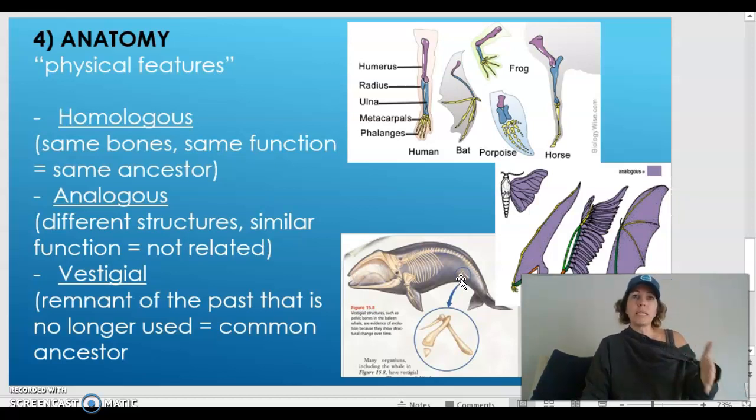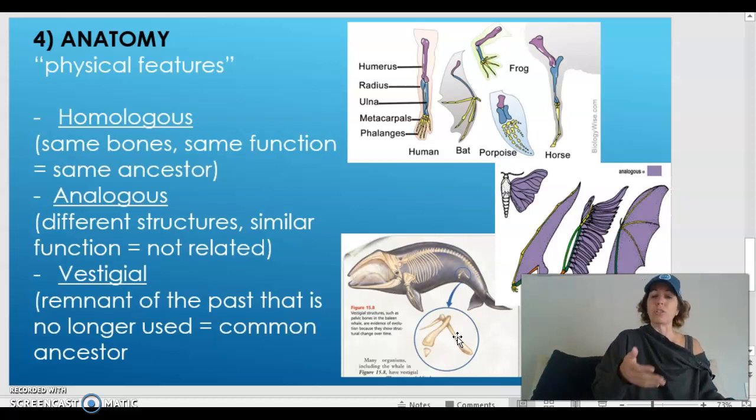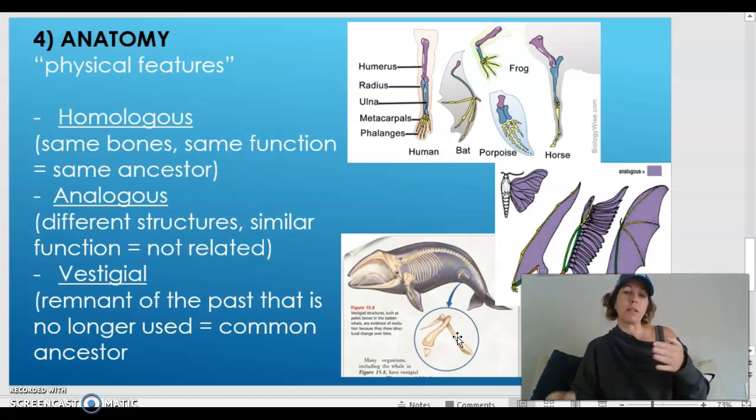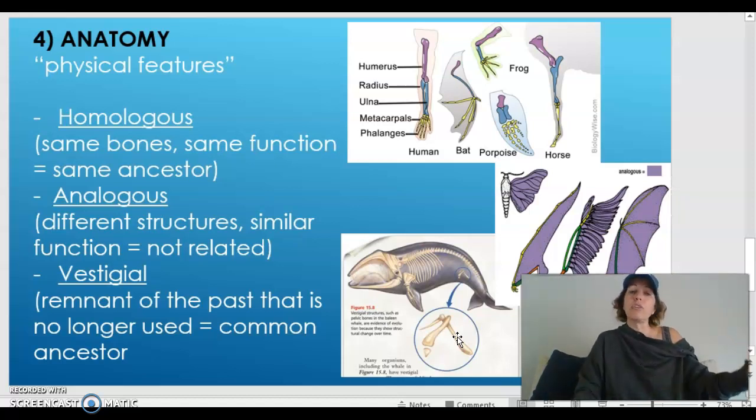Well, that means that at one time, its ancestors, think about this, guys, we have a pelvic bone. Our pelvic bone is connected to our legs, right? And our legs are connected to our feet. Therefore, we walk. Whales don't walk, okay? So why would they have a pelvic bone still today? Well, that means that their ancestors actually walked. And so this is a remnant of the past, and then we can actually track the lineage of evolution.